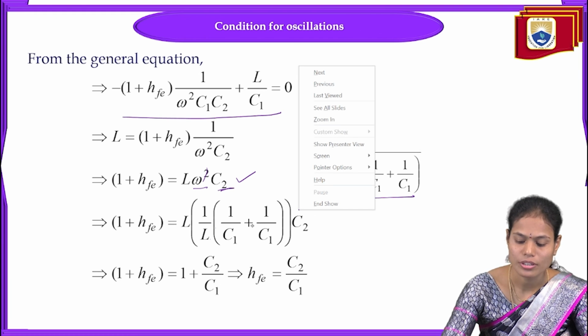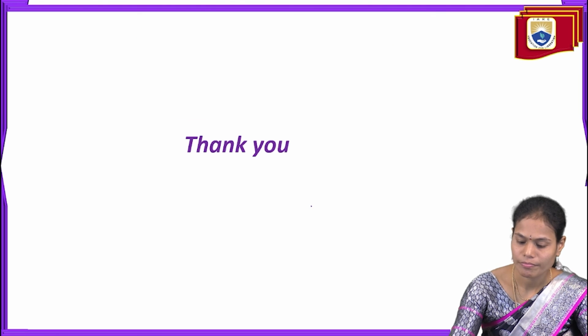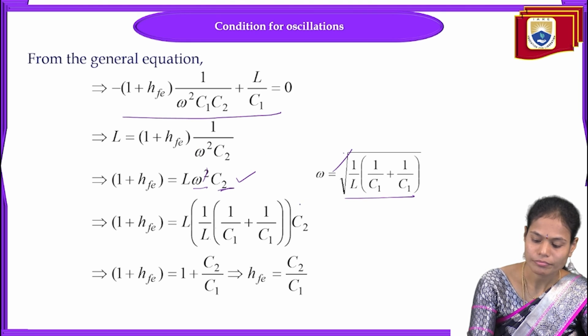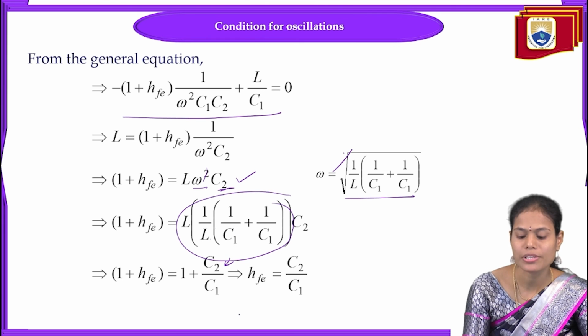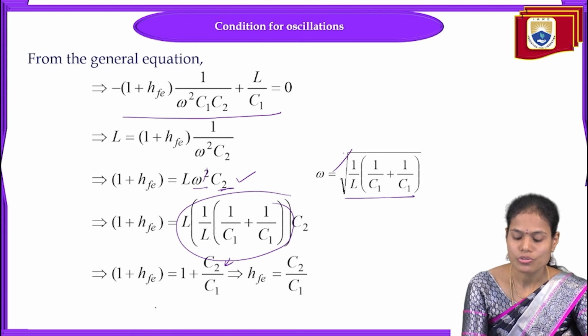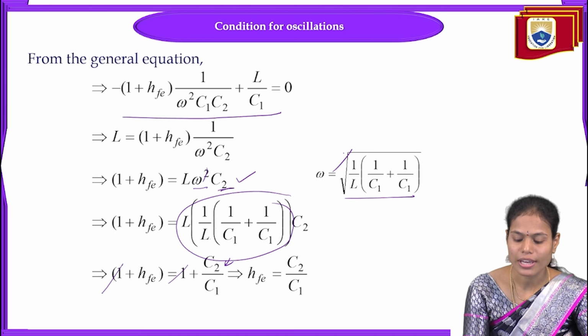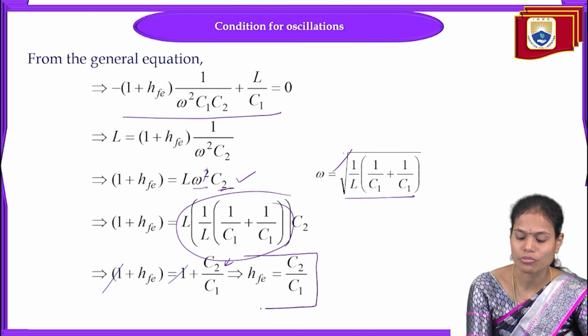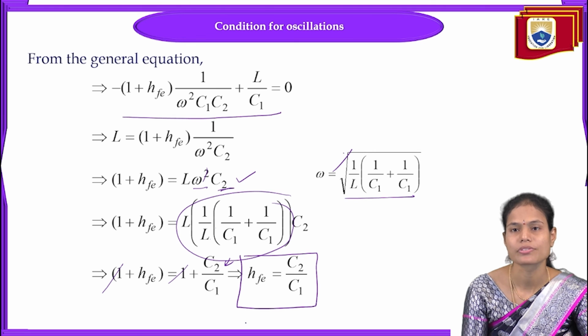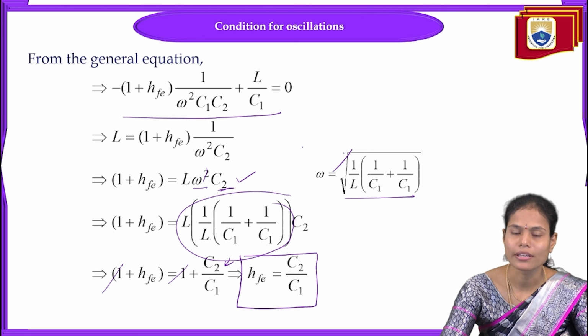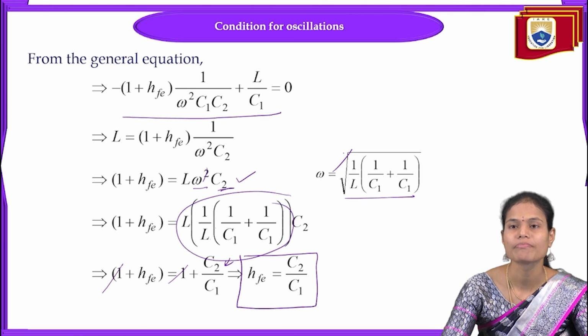After simplification, we will get 1 plus C2 by C1, so the 1 will get cancelled. So hFE is equal to C2 by C1. So the gain provided by the Colpitts oscillator is the ratio of the two capacitances, C2 by C1.